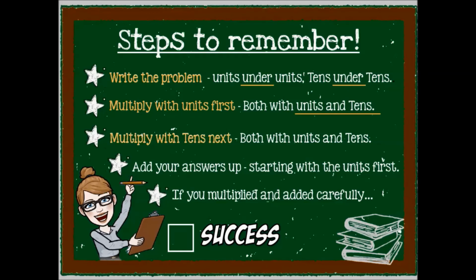Multiply the bottom 10 with the top unit and 10 and write it down. Add your answers up by starting with the units. And finally, give yourself a high five because you are an awesome multiplication champion.